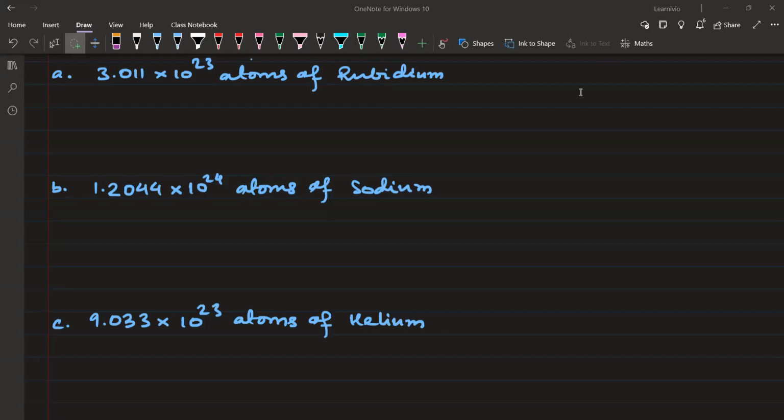Look at the numerator and denominator, you will understand. Yes, Hafsa, very good.